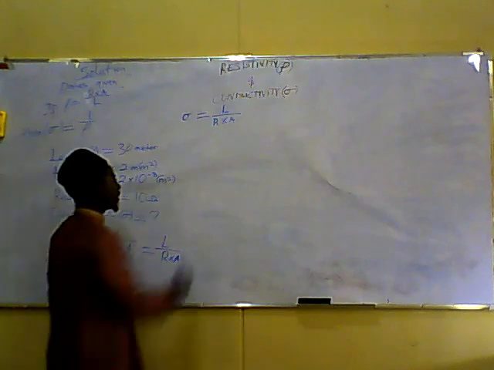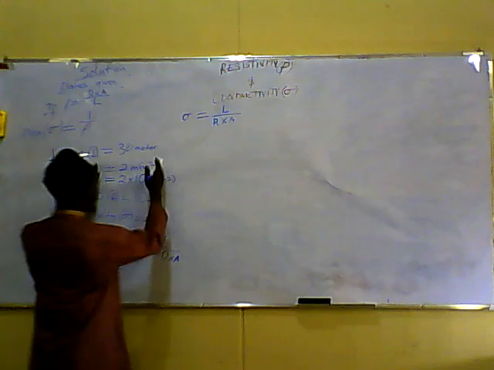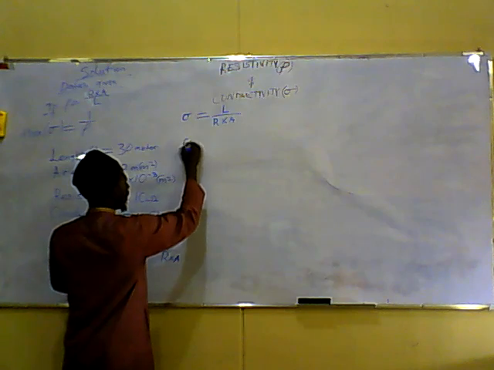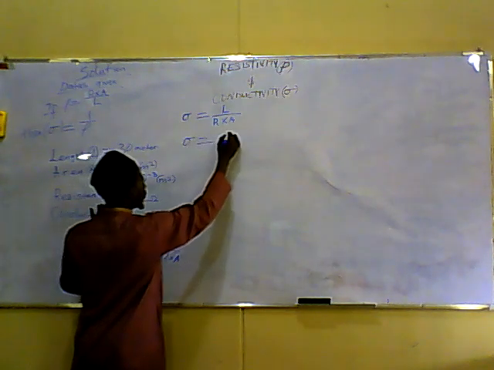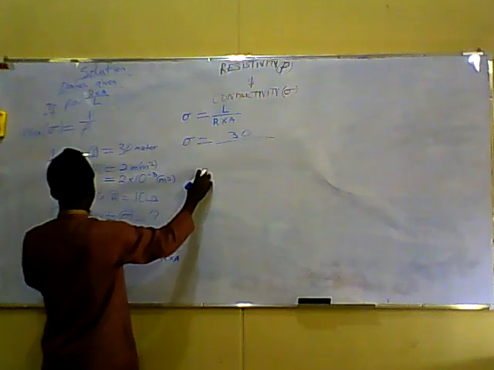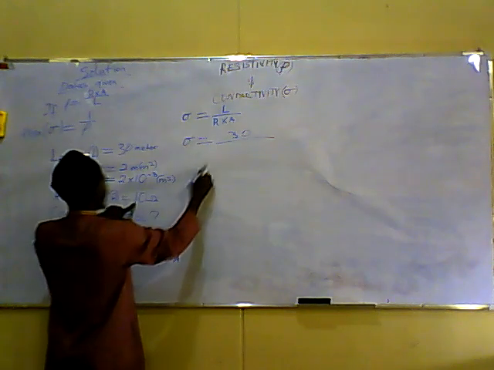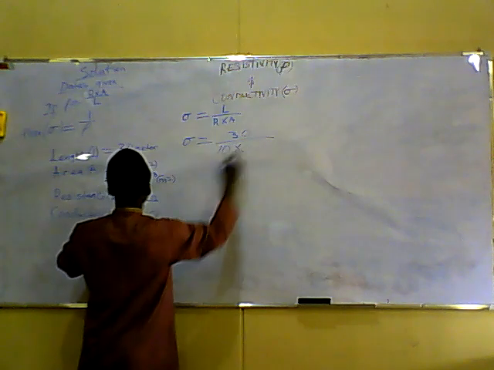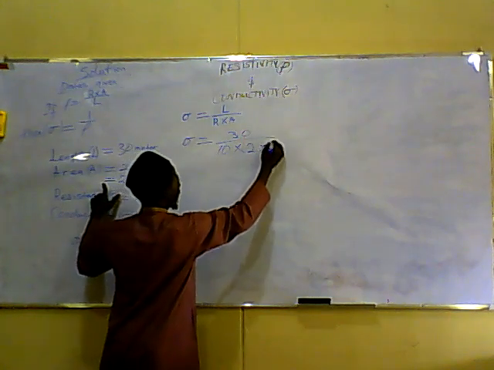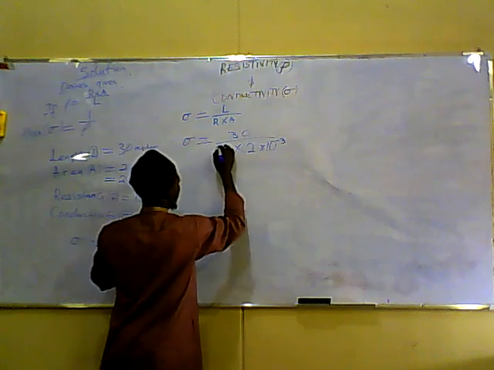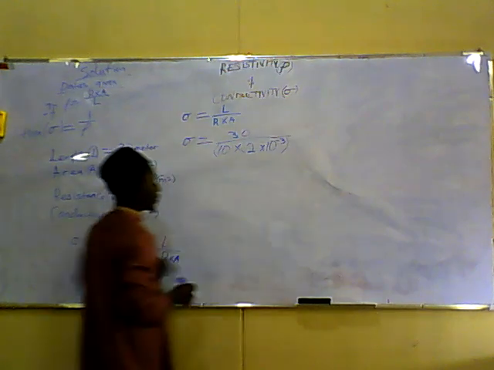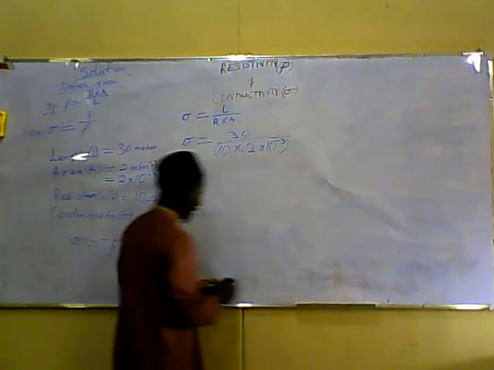Now, with this formula, we can insert our variables, where conductivity will be equal to 30 divided by the resistance, 10 ohms, multiplied by area, 2 times 10 raised to the power of negative 3. Remember to always put this in a bracket so that we will have a correct answer.